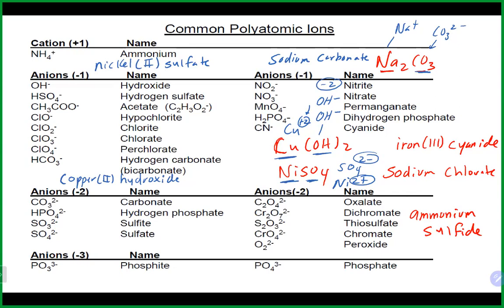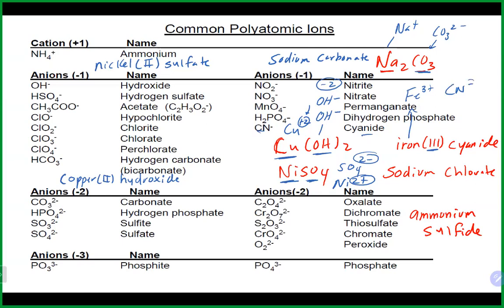Now going backwards here from the name to the formula, we're just going to basically put it together. I have iron 3, which I know is iron with a +3 charge because of that. Cyanide is right there, which is CN-. So in this case, as an ionic compound, we want to get to 0.